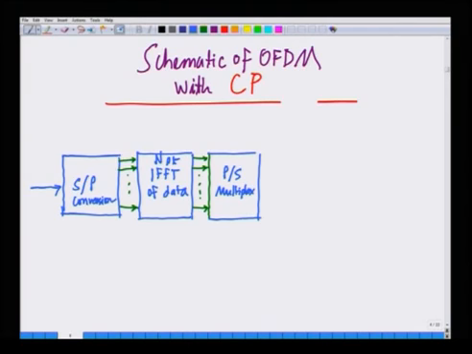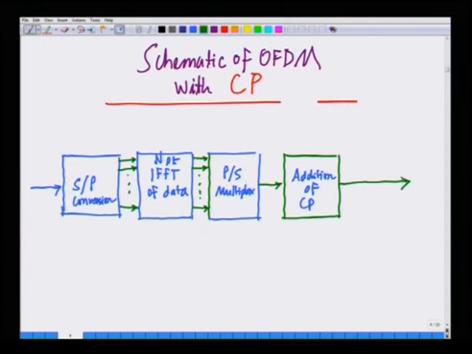Following this is the key operation, which is the new aspect, where I add the cyclic prefix. This is prior to transmission on the channel. So, this is the addition of the CP, and then I am going to transmit over the channel.